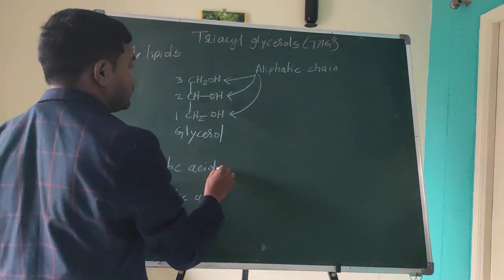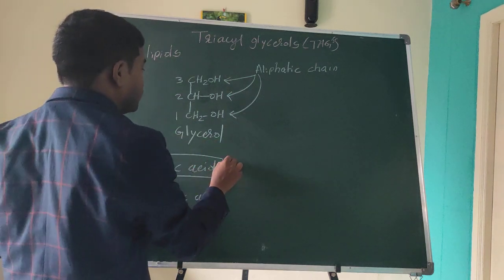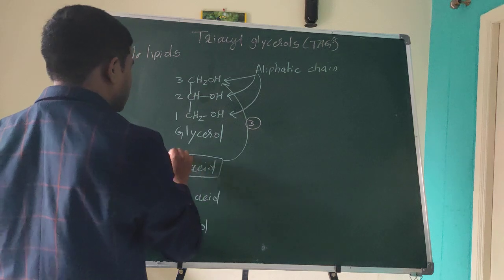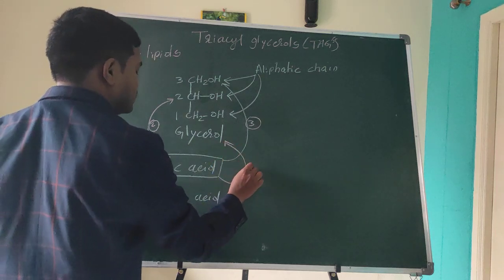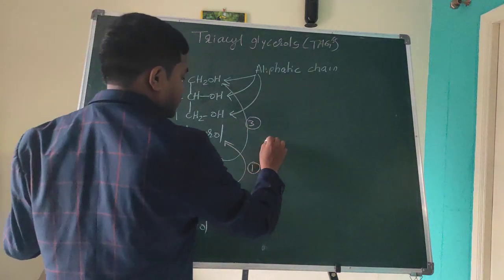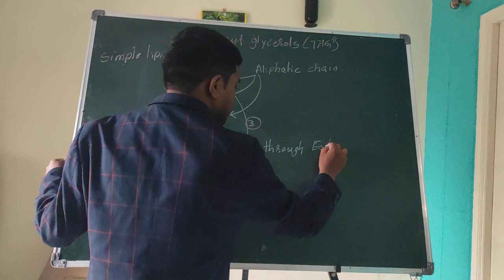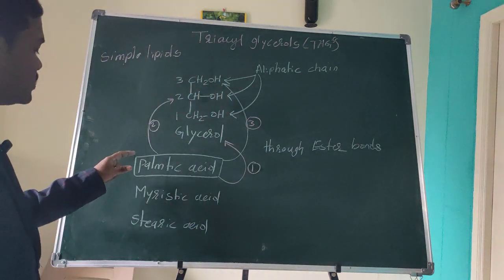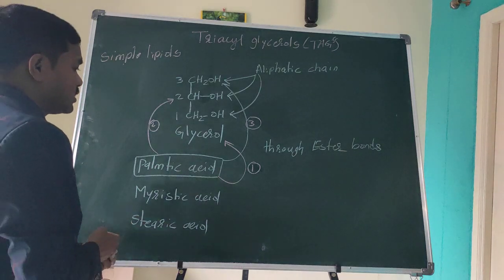If only palmitic acid occupies the three positions of glycerol, third position, second position and first position, through ester bonds, this type of glycerol is also called tripalmitic or homotriglycerides.